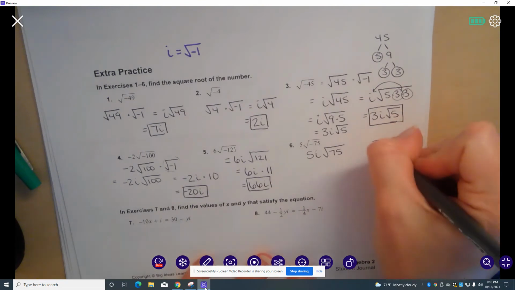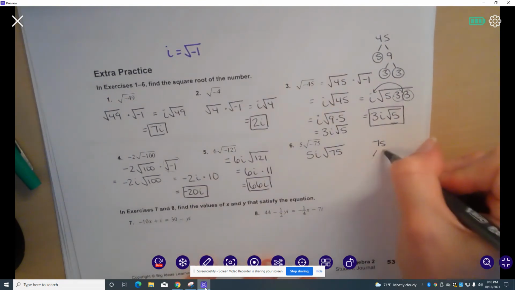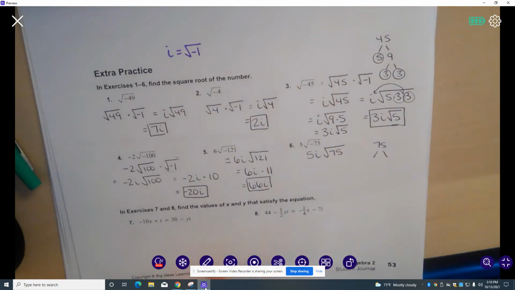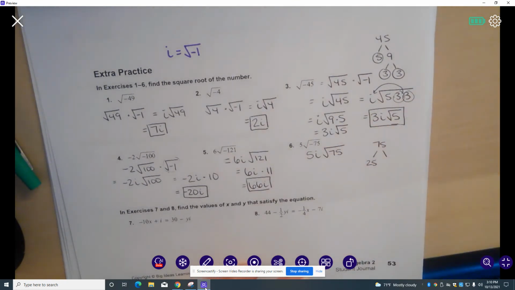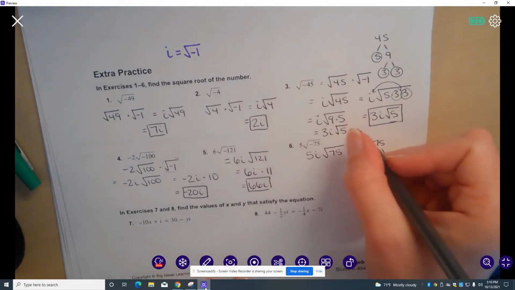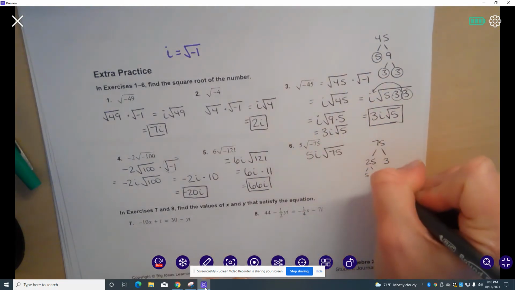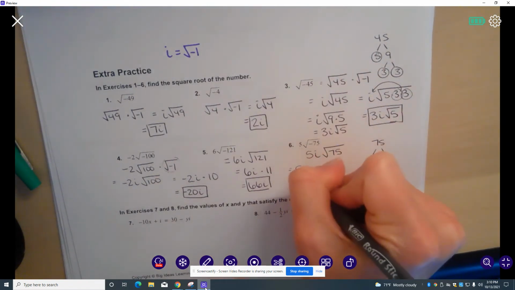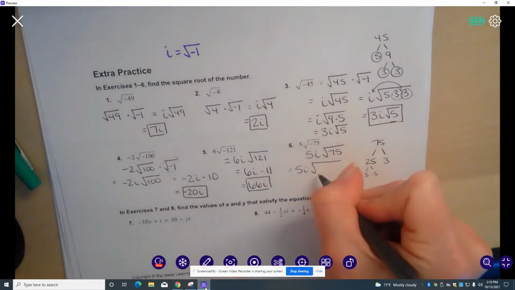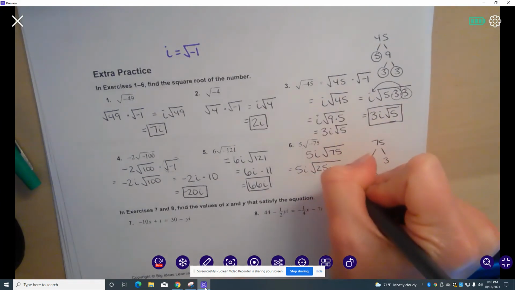So 75 can be broken up into, I can automatically think that the perfect square 25 divides into 75. So that can break up into 25 times 3. Now you could break that up into 5 times 5 if you wanted to use the jailbreak method, but I'm going to go ahead and just write this as the square root of 25 times 3.